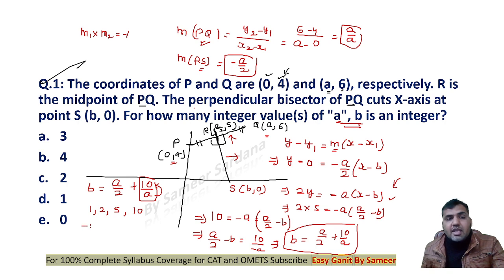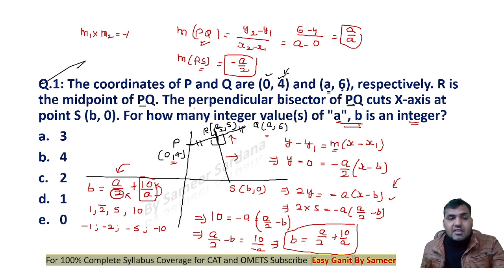Because it says that a and b have to be integers, it does not say that a and b have to be positive integers. I can also take a as minus 1, minus 2, minus 5 and minus 10. But at the same time, you can see that a must be an even number. If I want b to be an integer, a must be even because it must be divisible by 2.